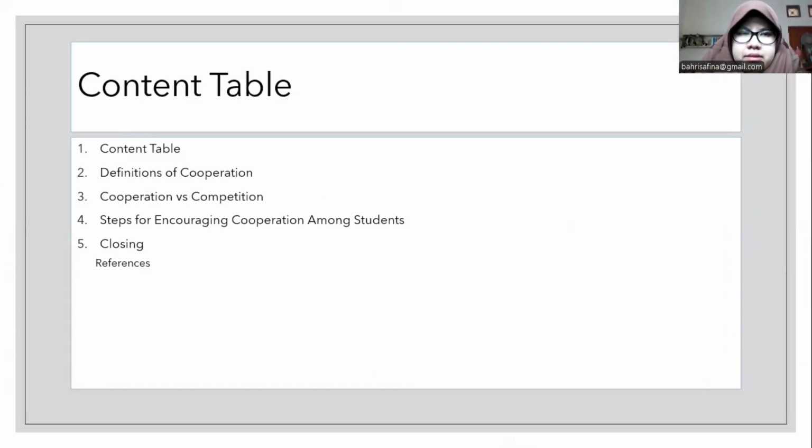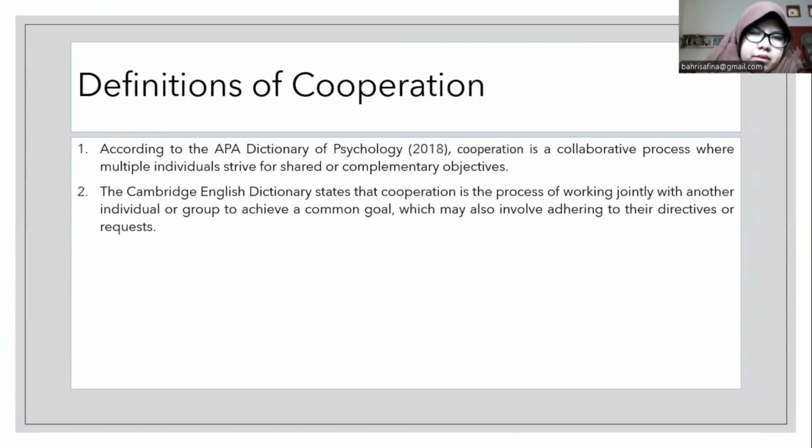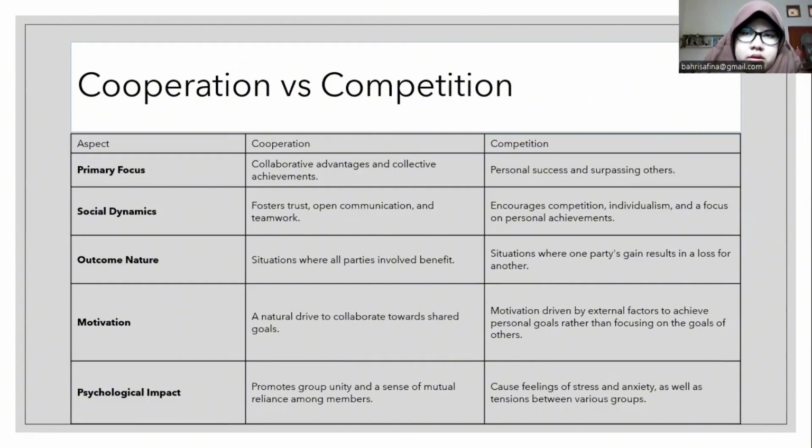Before we start, please take a look at the content table. Let's start with the definitions of cooperation. As you can see, based on the two definitions, cooperation is basically a collective struggle of individuals for the same purpose. Now, please take a look at the table.